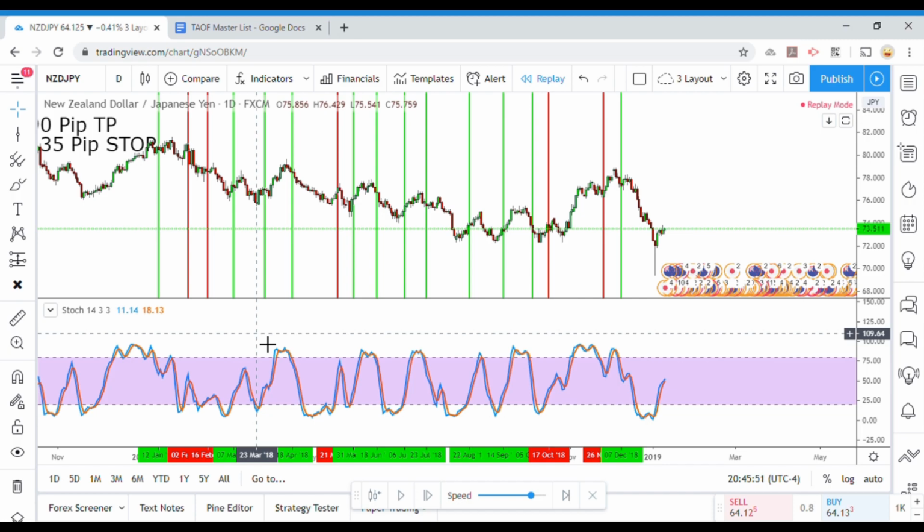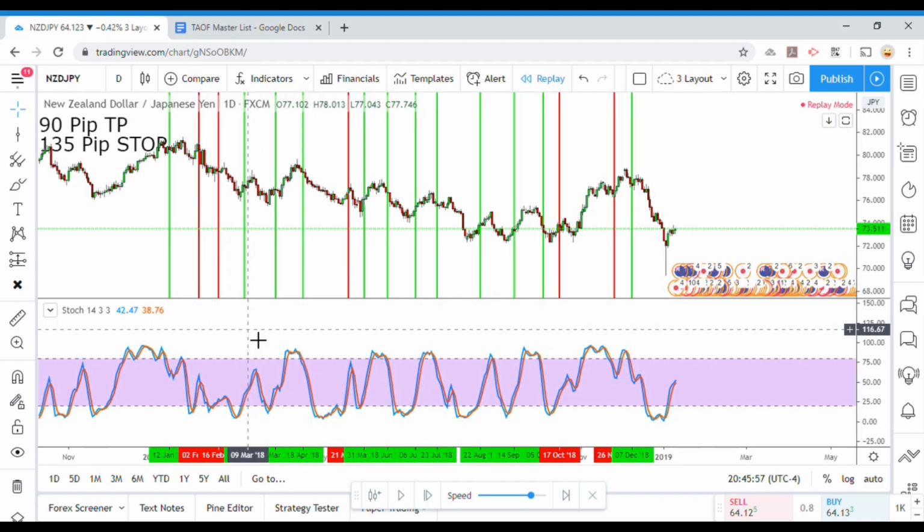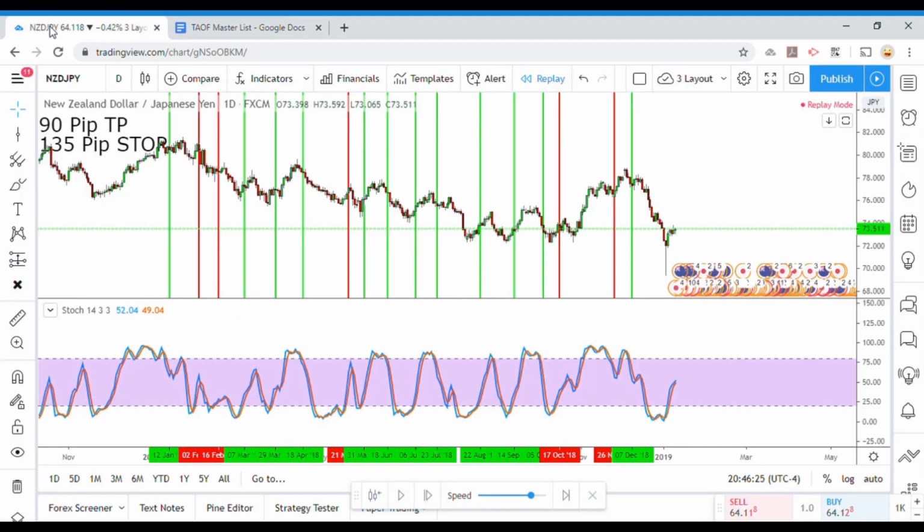So it's not a bad indicator at this point. We are going to put it on the list of winners at this point, and I think we might actually put it under three different categories: entry signal, confirmation, and volatility.